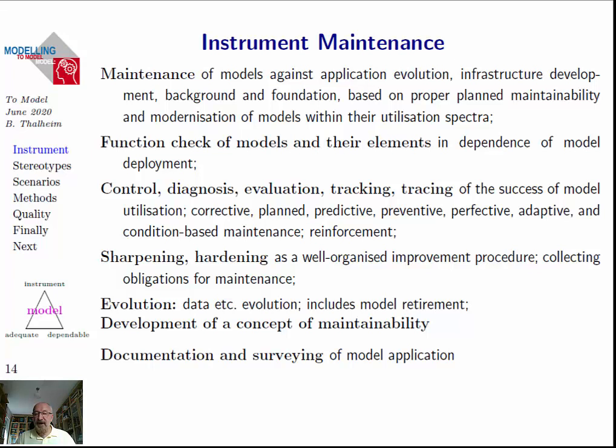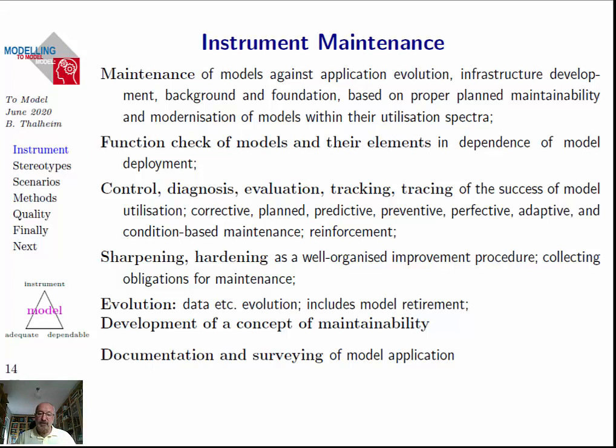We have quite a lot of changes that can happen. We should have also a function check of the model and the elements. We should be able to diagnose, to control, to evaluate, to track, to trace the success of the model utilization. We should be able to organize a better handling of the model, and especially maybe an improvement or sharpening or hardening of the model.